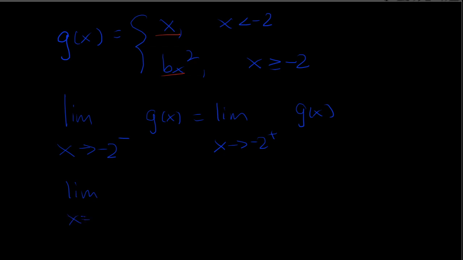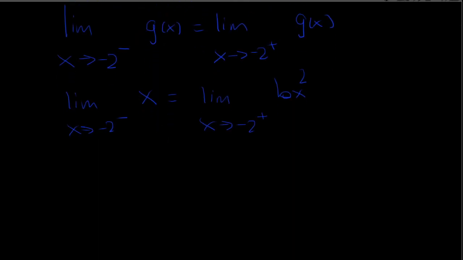Now, negative 2 to the left will be the top equation because here x is less than negative 2. And then x approaching negative 2 from the right will be the function that has x greater than or equal to negative 2. And that'll just be bx squared.